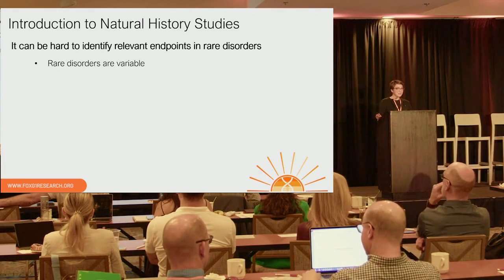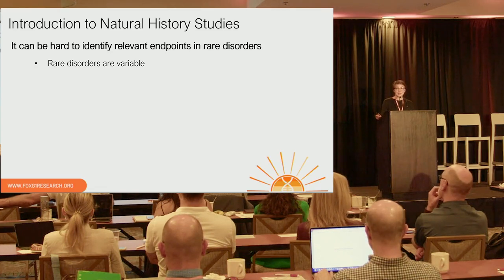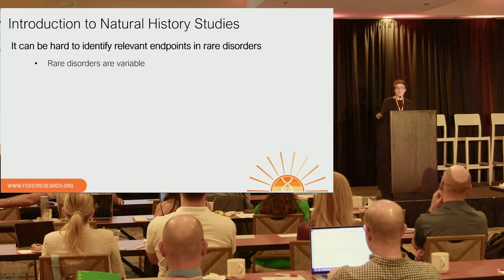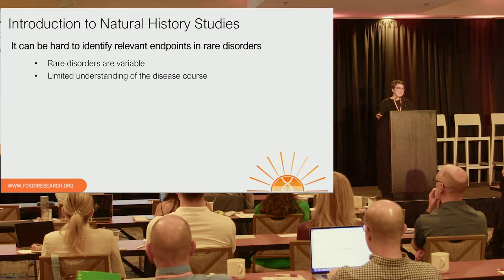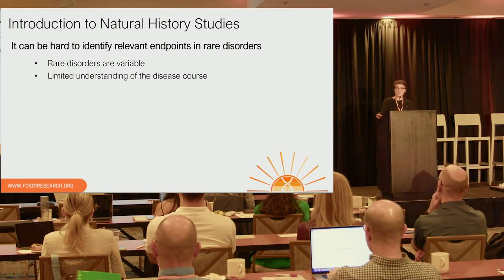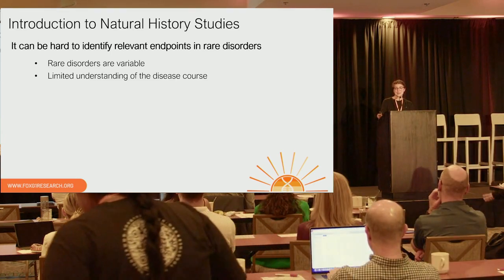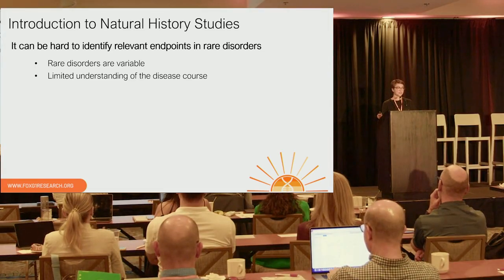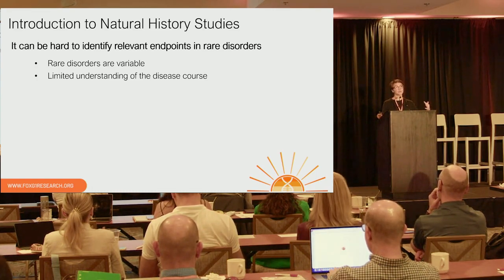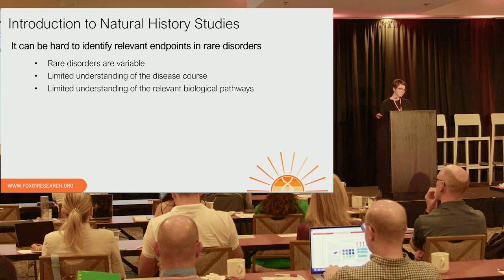That said, it can be pretty hard to identify these relevant clinical endpoints in rare disorders. So as everyone in this room knows today, meeting each other's children, rare disorders are incredibly variable. There is often a limited understanding of the disease course, so you may notice if you go to Google FOXG1 syndrome or read any papers about FOXG1 syndrome, they tend to be giving you information at a point in time, but we don't have very much information that understands how does this condition look across the lifespan and how do things change and evolve over time.